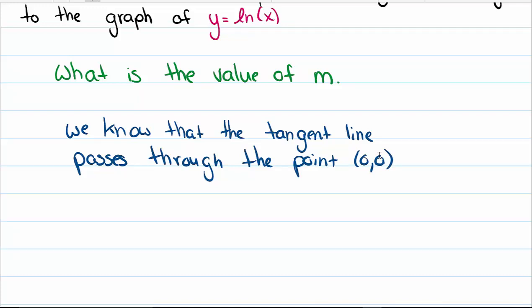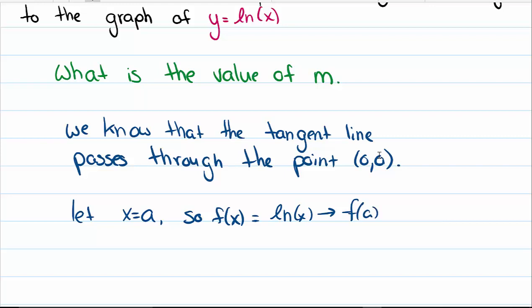Now to find slope, how many points do we need? We need 2 points. So we're going to let x equal a. So f of x is equal to ln of x. So f of a is equal to ln of a. So we get the ordered pair a comma ln of a.